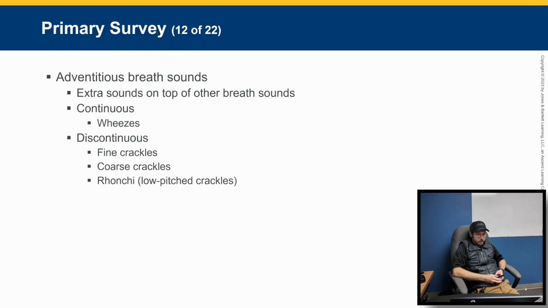And wheezing would be lower airway constriction versus stridor, which would be upper. Correct. And remember, what is lower? Anything below the glottic opening. Okay. Stridor is upper, which is typically associated with at or above the glottic opening.